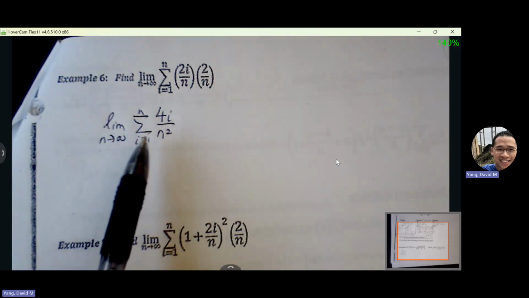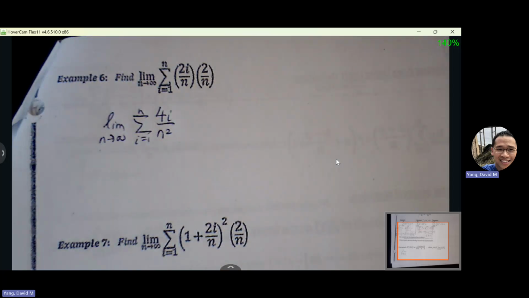Now we just want to isolate the part that will get impacted by summation. So only that i variable is going to be impacted. So think of the 4 and n squared as something that can sit outside the rule because it's not going to get impacted by that summation rule.